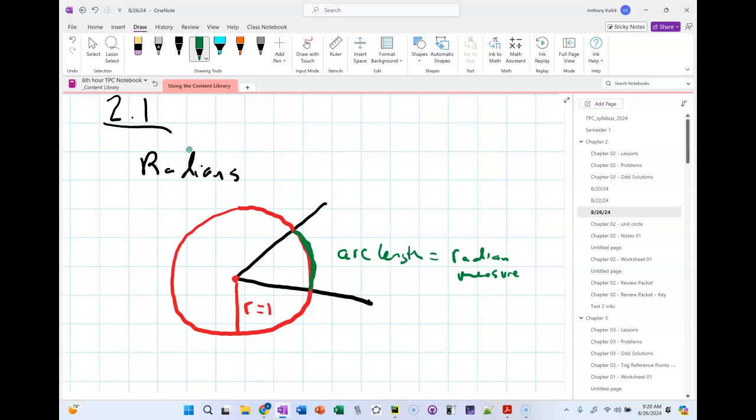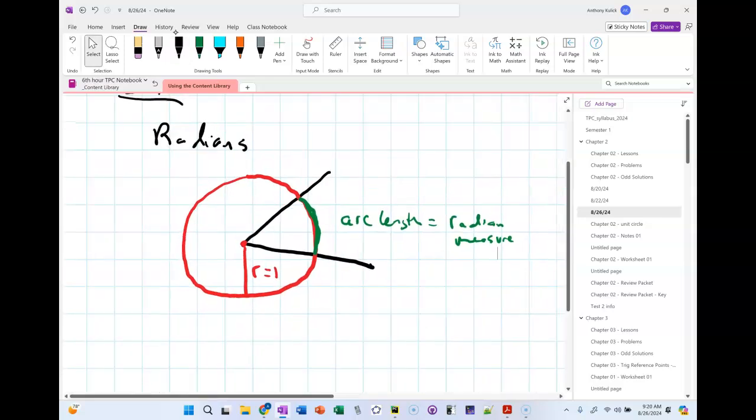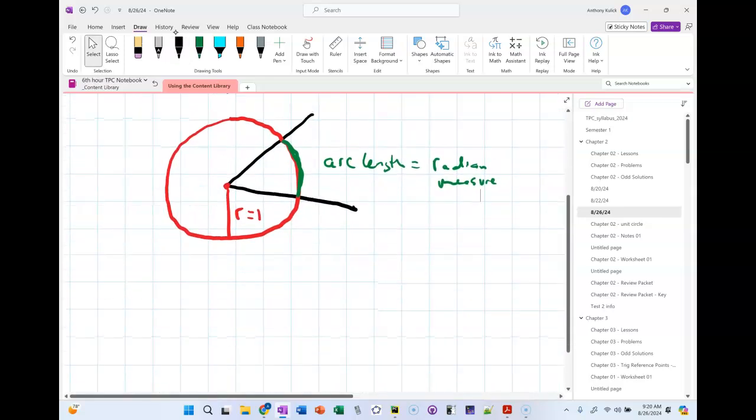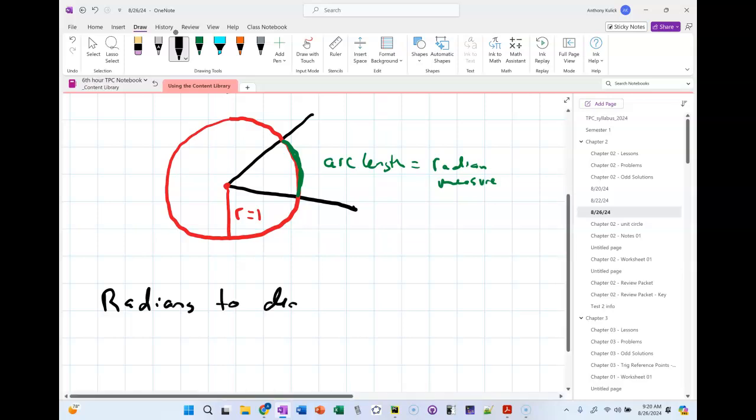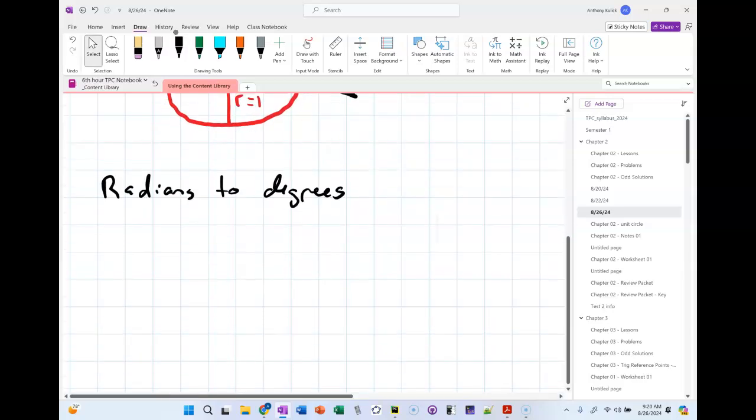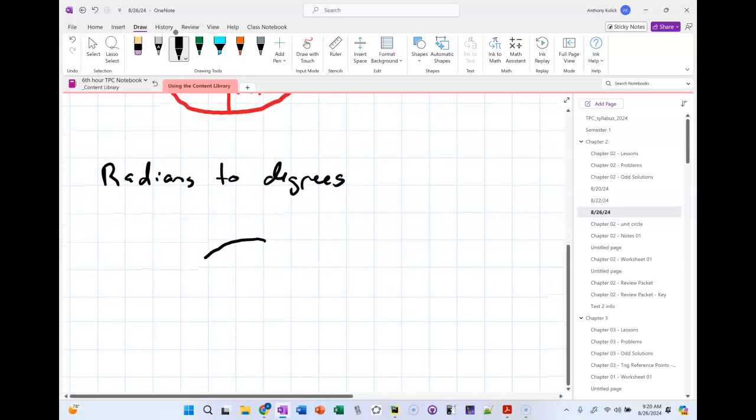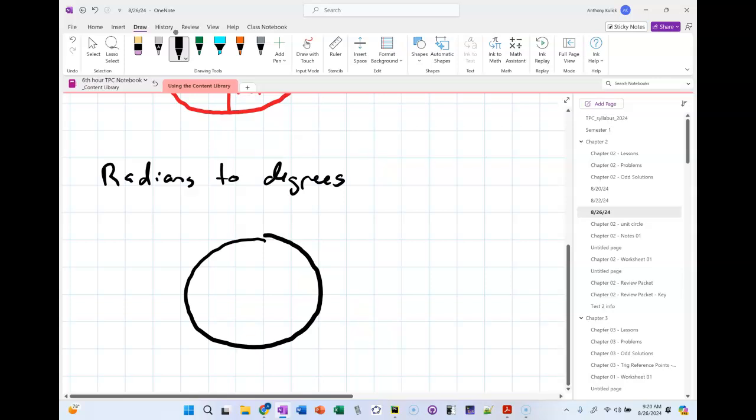So that's what I want to do next: find a conversion factor for radians to degrees. So let's say we have a circle with radius 1.